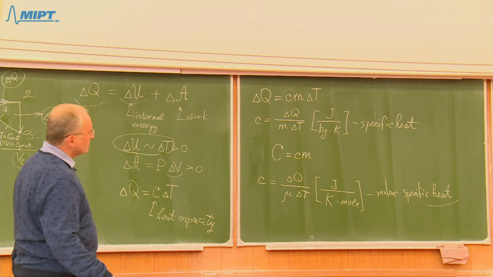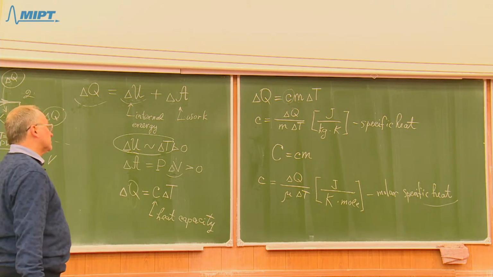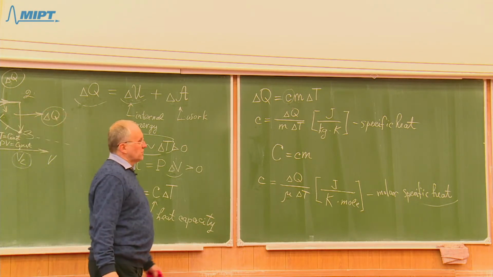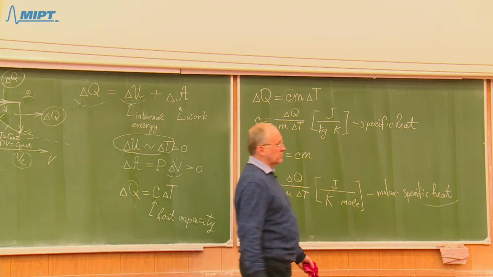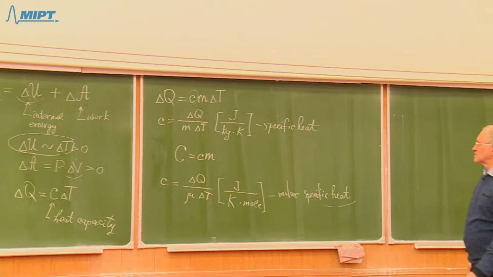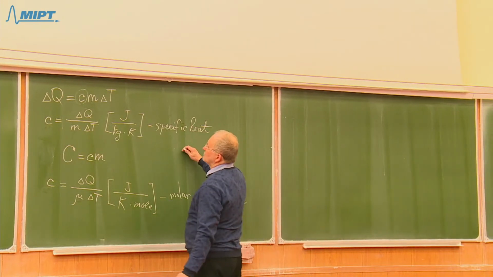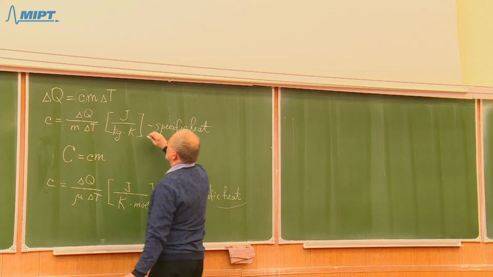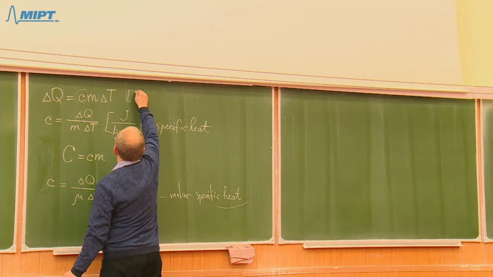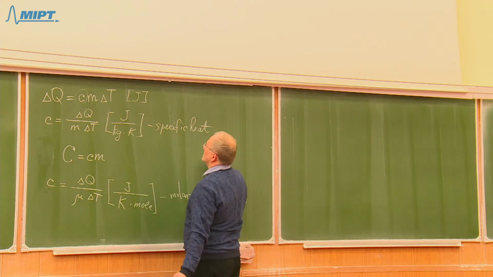There is another unit, a non-system unit, which is not a part of the international system of units, but which is very frequently used in actual calculations and laboratory experiments. That is the amount of heat energy that is usually measured in joules, but very often it's measured in calories.